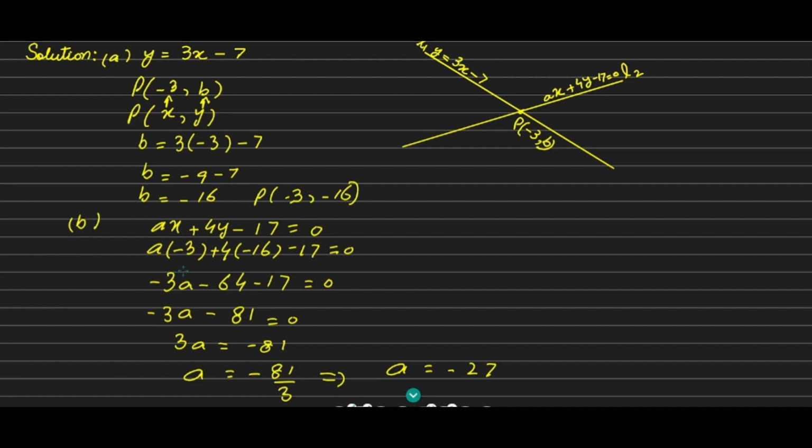In place of x we write minus 3 and in place of y we write minus 16, and now we simplify it. When we simplify it, we will find the value of A, which is minus 27.